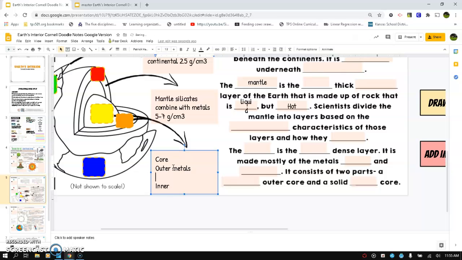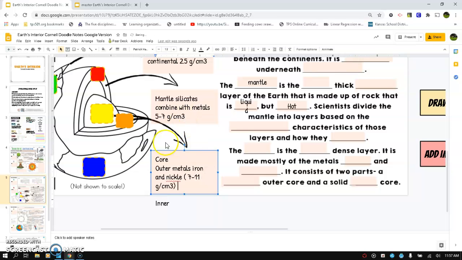So the outer core was metals, and I said that I'd get into it, but I would say that it's made out of iron and nickel. Okay, and what that density is from anywhere from about 7 to 11 grams per centimeter cubed.